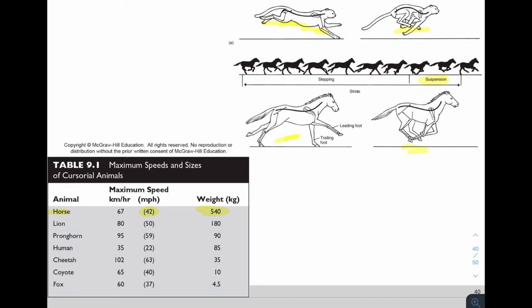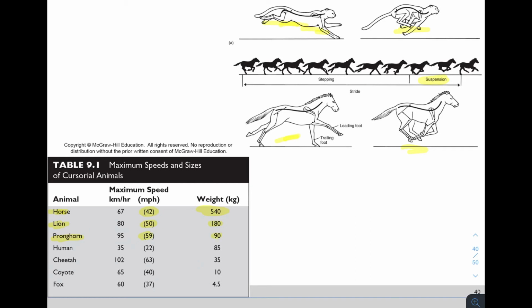The lion being faster than the horse, lighter. The pronghorn being faster than the lion and lighter.